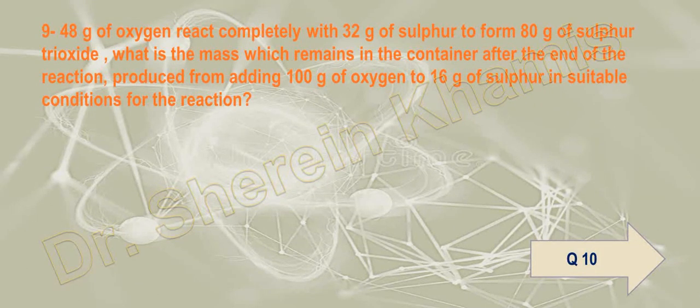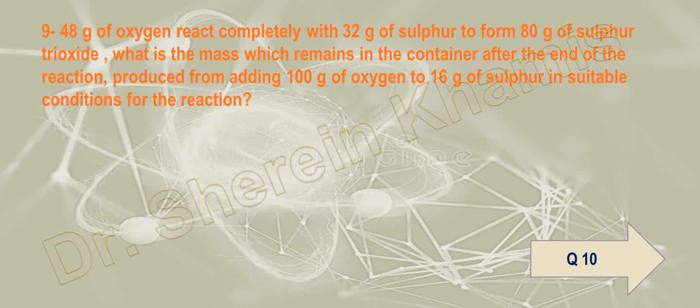Question number 9 has different masses. Let's start. 48 gram of oxygen reacts completely with 32 gram of sulfur to form 80 gram of sulfur trioxide. What is the mass remaining in the container after the end of the reaction produced from adding 100 gram of oxygen to 16 gram of sulfur in suitable conditions for reaction?